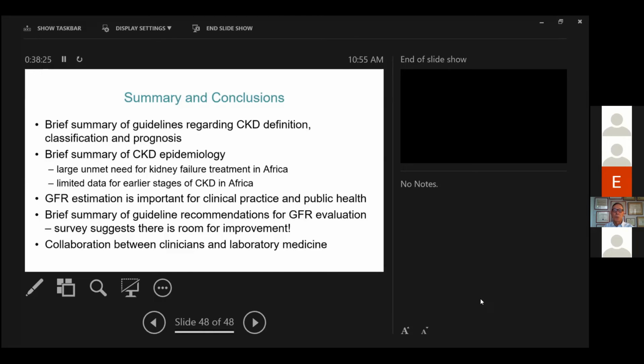The best tool to stratify the risk is the kidney failure risk equation, which is based on GFR, albuminuria, age, and sex. For elderly, this predicts the risk of kidney failure in 2 to 5 years. And for elderly individuals without albuminuria and GFR near 60, the risk for kidney failure is very low.